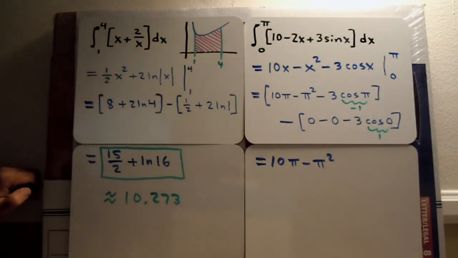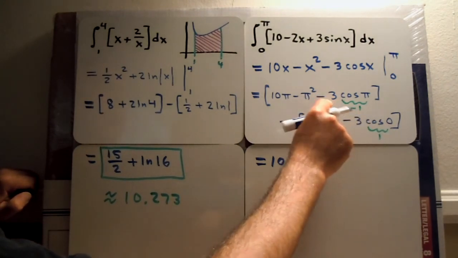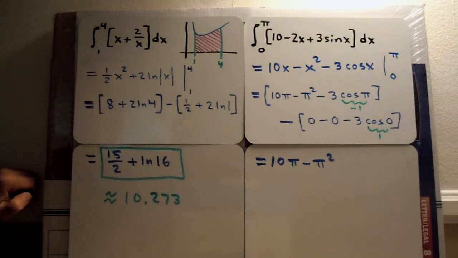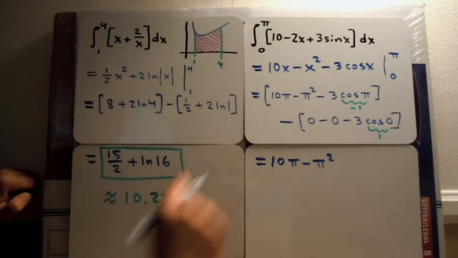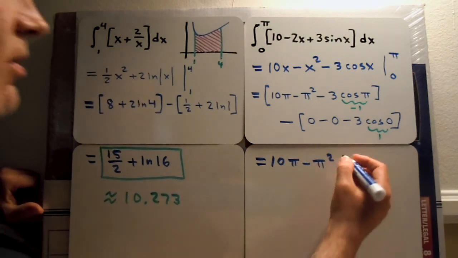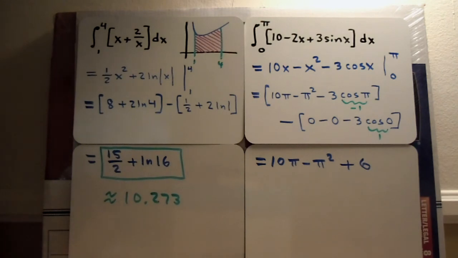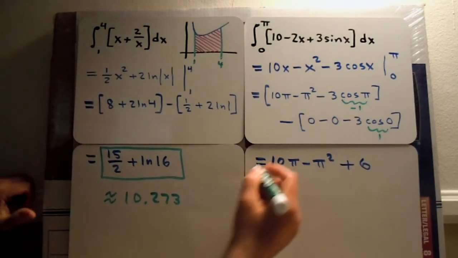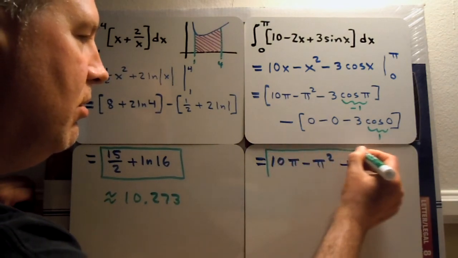But what do we have in terms of just the whole numbers? -3 times -1, we get +3 there. Then we get another minus -3, another +3, so for a total of +6. This is your final exact answer for the area under that curve over the interval from 0 to pi.